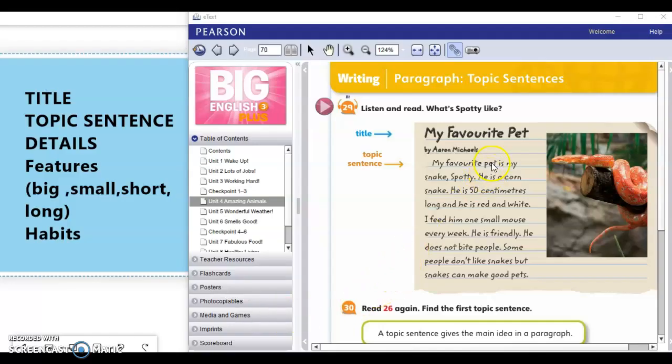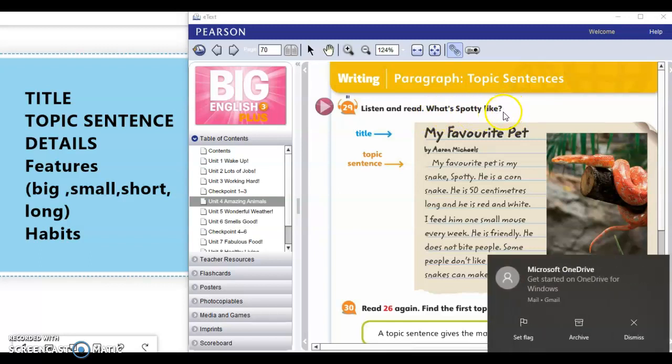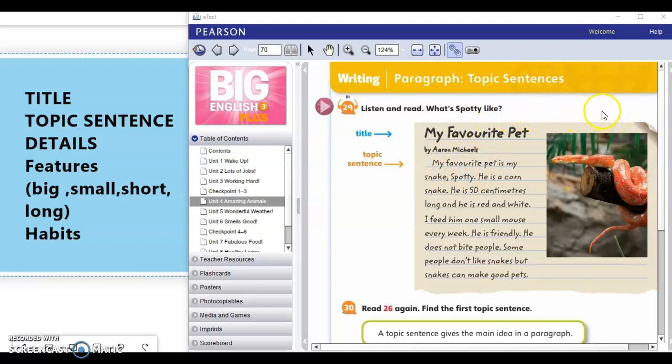I now want you to read the paragraph once again and decide what's Spotty like. Remember, this question is about someone's character. So you're looking for an adjective in the text that characterizes Spotty. Okay, read it and we'll be back again.